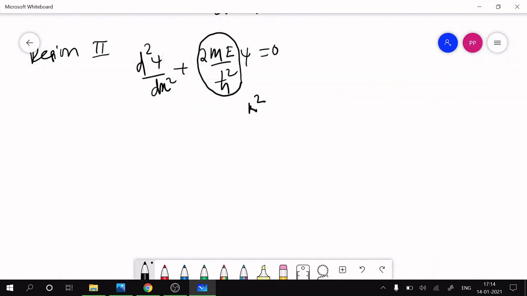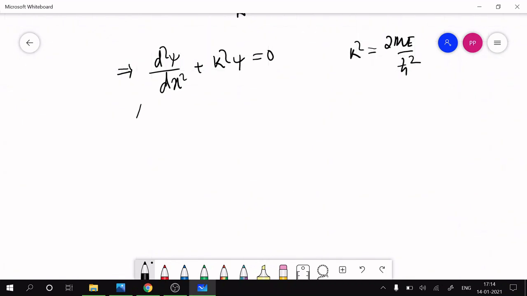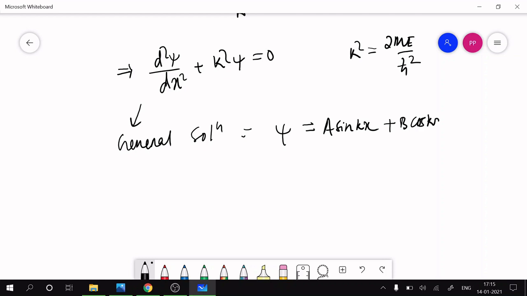So our equation becomes d²ψ/dx² + k²ψ = 0, with k² equal to 2mE/ħ². The general solution for this equation, we know, is ψ = A sin kx + B cos kx.